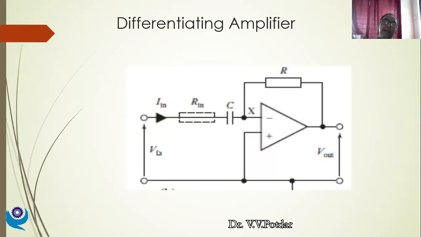So Vin will be equal to, as I told you in the integrating case, 1 by C integral I dt. Integral is 1 by D, so Vin is equal to 1 by CD into I. Solving it, I will be equal to CD into Vin.